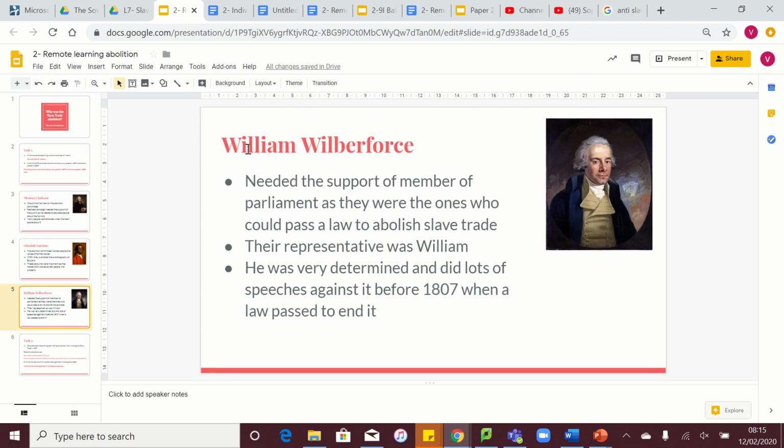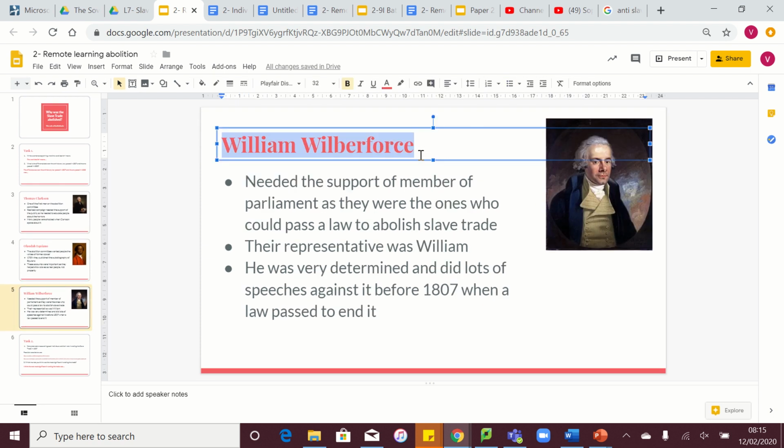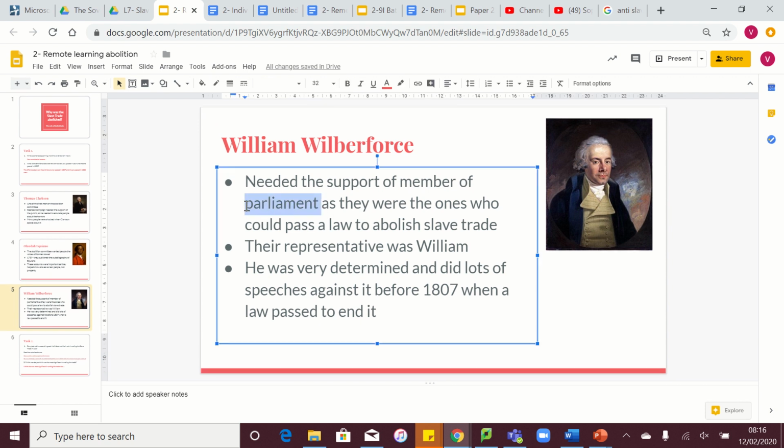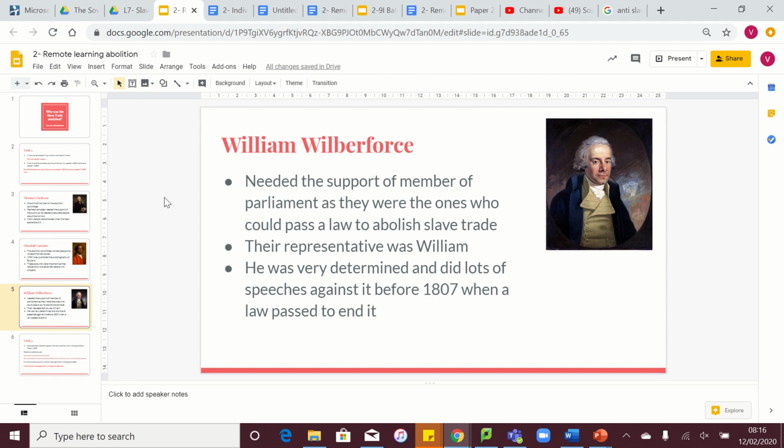And then William Wilberforce is probably the name most people in Britain would have heard of. This is him here. In order to pass a law in Britain, you need to have it go through what's called Parliament, which is a group of men who decide on whether to pass a law or not.